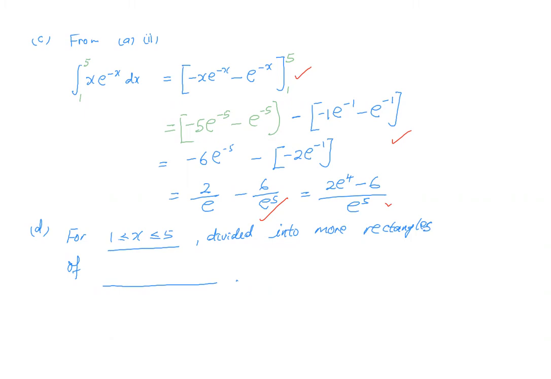Someone give me smaller width, okay? Someone gave me the right answer already. When you say smaller width, correct? Okay, this is the one. I divide into more rectangles of smaller width like that.